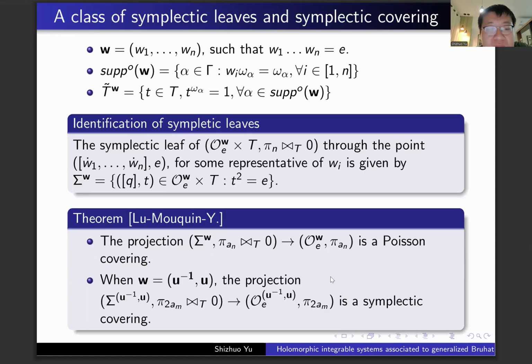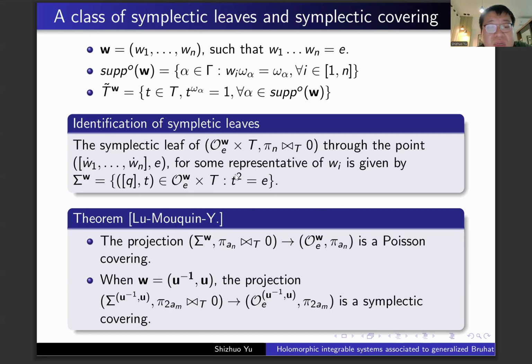And it is another fact. It is another identification of the symplectic leaves of the standard one. Here the fact is that the symplectic leaves through the point, the Weyl element and the identity, for a nice representative of the Weyl element, can be given in this way.